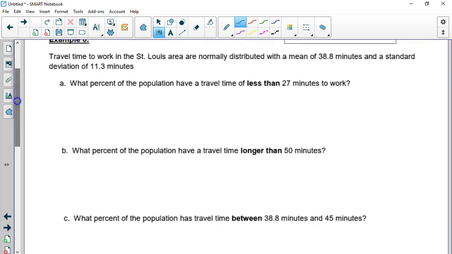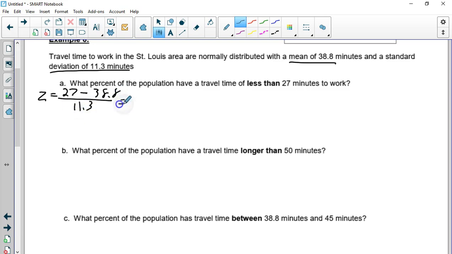So, example 6. Travel time to work in St. Louis has a mean of 38.8 and a standard deviation of 11.3. What percent have a travel time less than 27? Well, we got to figure out our z-score. So we take our actual score minus our mean divided by our standard deviation.